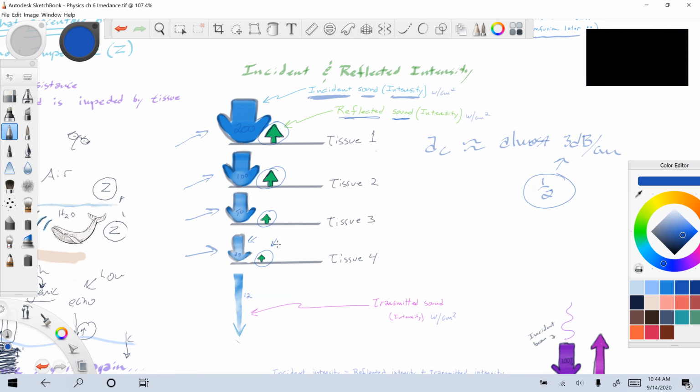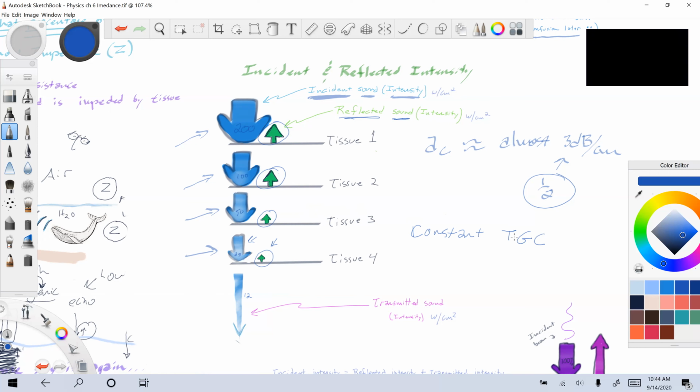Now the machine, by the way, knows this and adjusts for this, all right? The engineers figured this all out. They made an adjustment. In fact, what they did is they have a, let's call it a constant TGC.